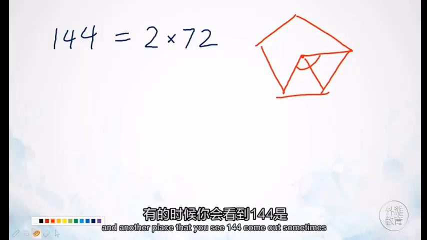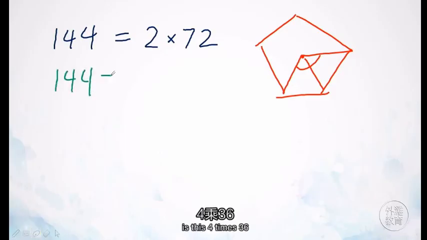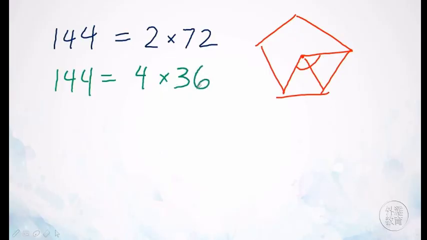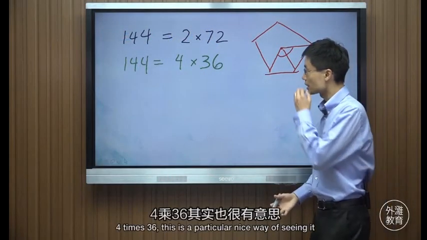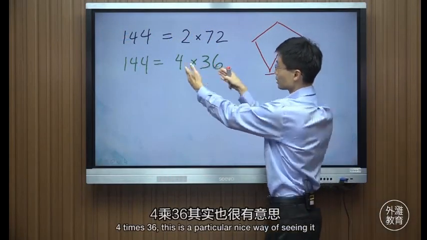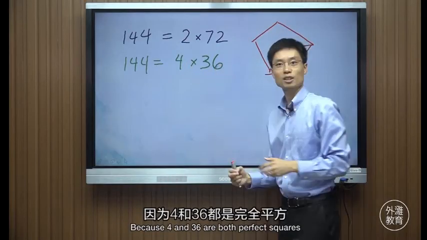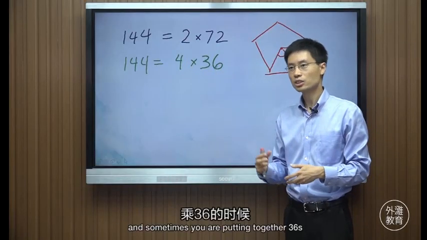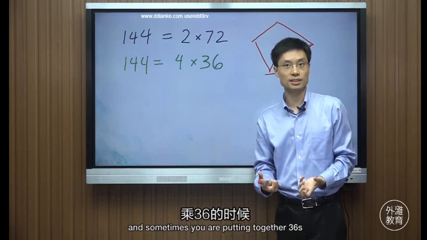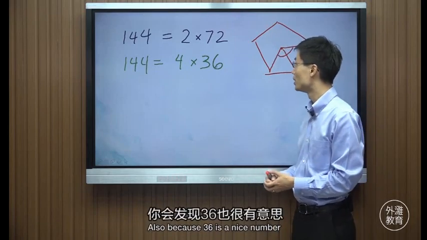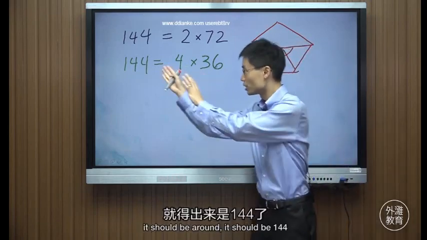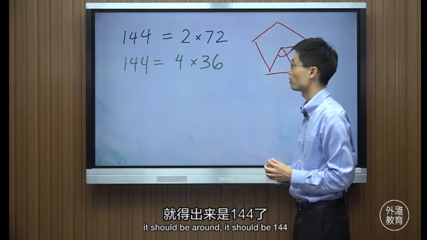Another place that you see 144 come out sometimes is this 4 times 36. This is a particularly nice way of seeing it because the 4 and 36 are both perfect squares. And so sometimes you're putting together 36s, also because 36 is a nice number. If you ever put 4 of them together, it should be 144.